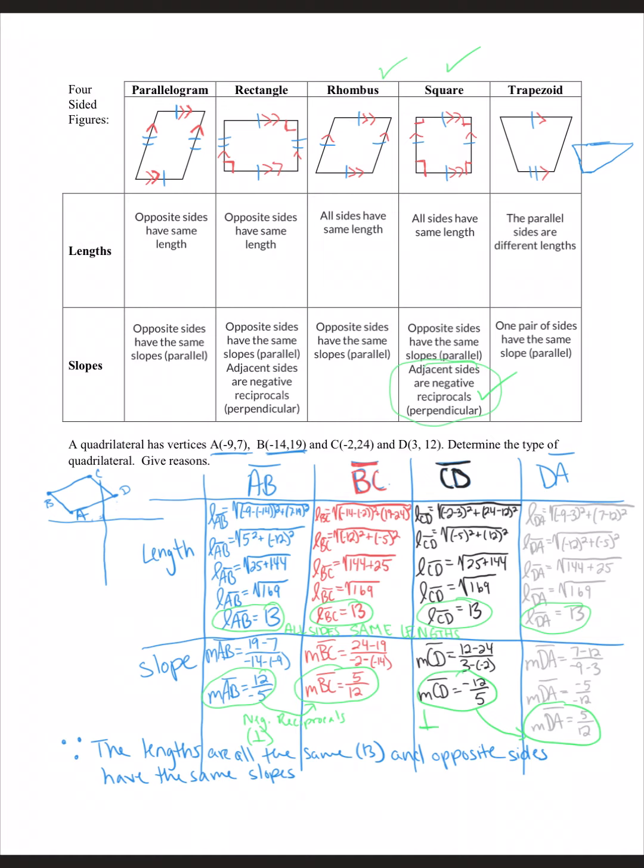So what I mean by that is sides AB and CD, right? Those have the same slopes, as well as BC and DA.